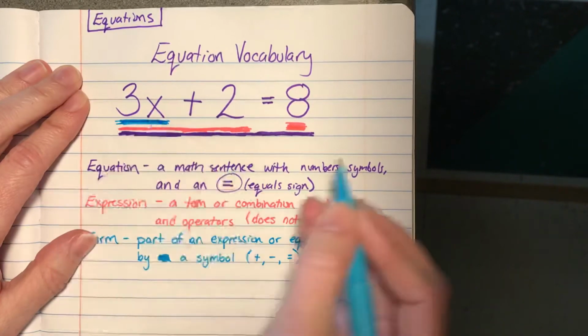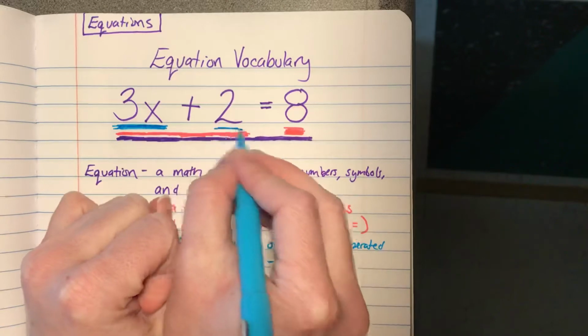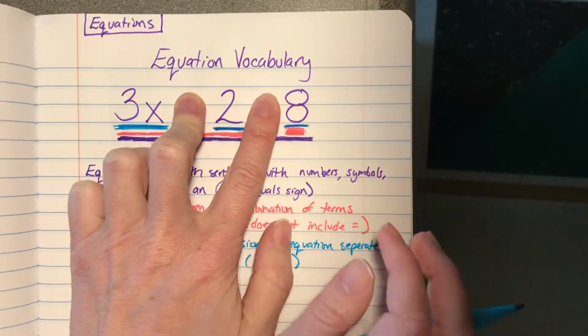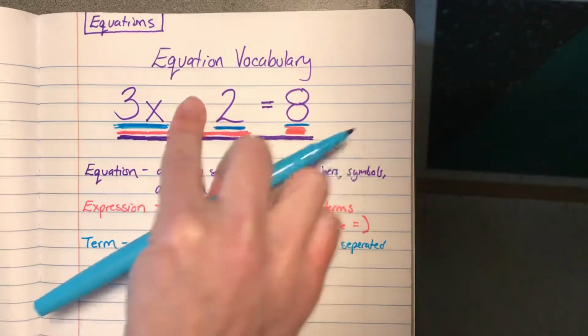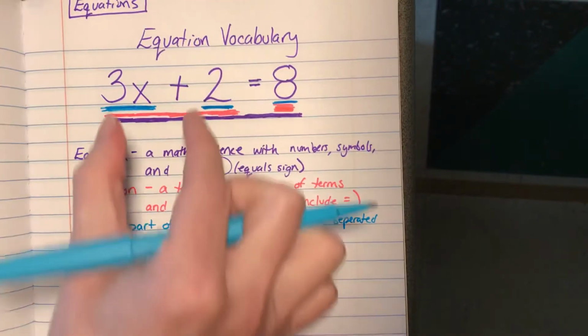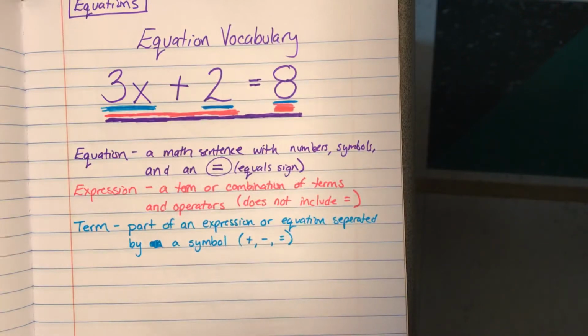That's in blue. Again, I'm covering up the plus and the minus. The 2 is a term. So 2 on its own is a term. And the 8 is a term. It's all of the pieces except for the plus and the equal sign, or if there were a minus sign here. It's everything else. I think of the terms as the pieces of the equation. So that's what a term is.